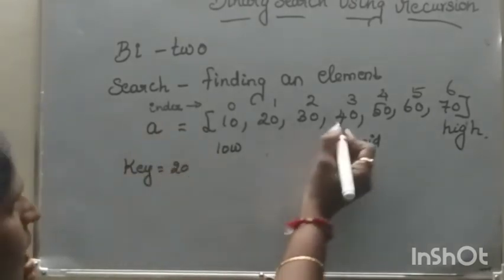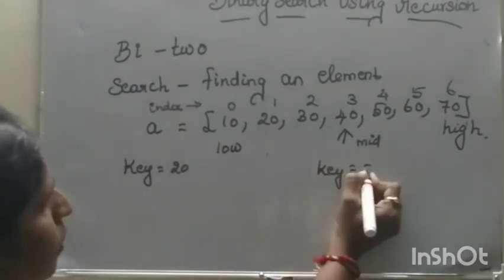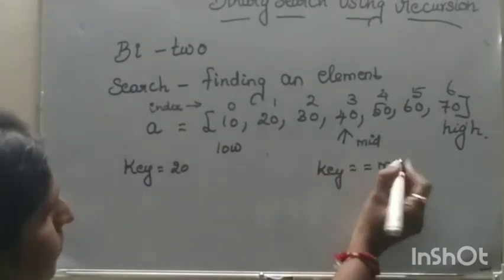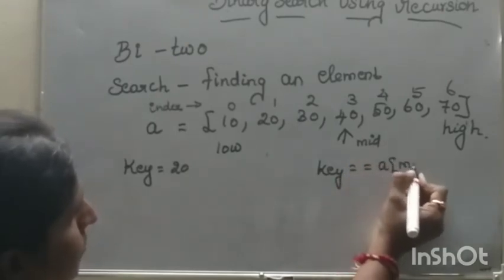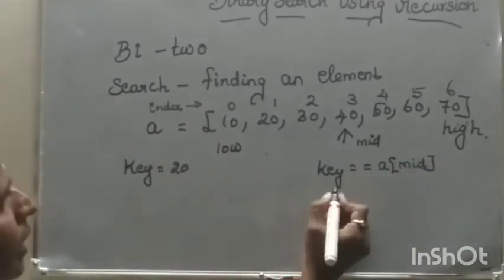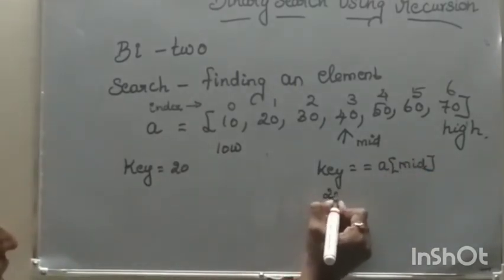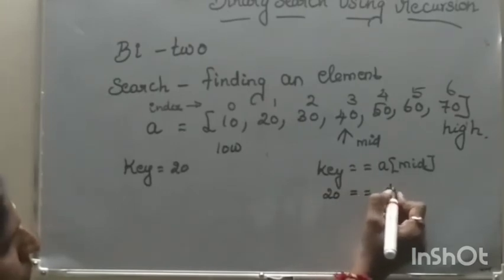First it checks whether key equals A of mid, which is 40. Key value is 20. Is 20 equal to A of mid, which is 40?